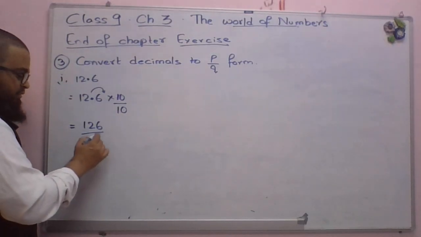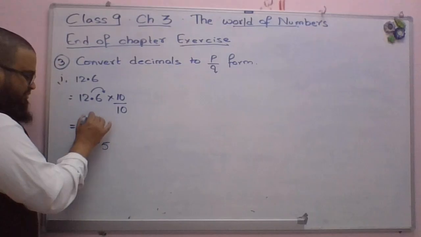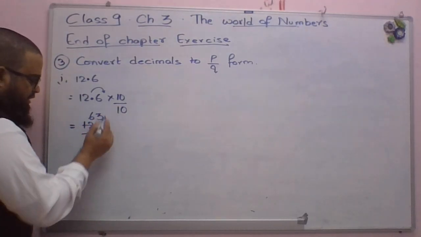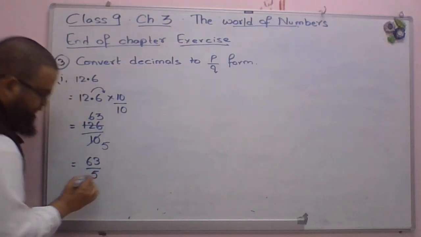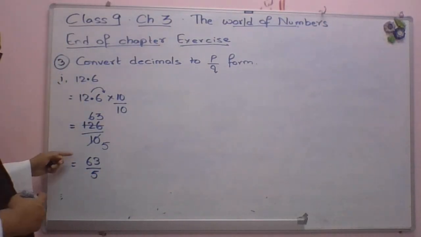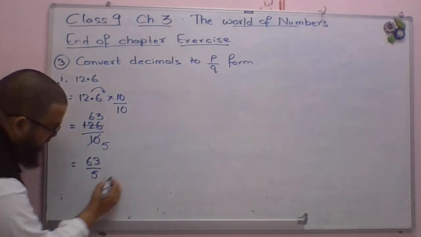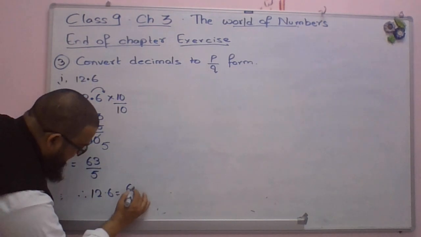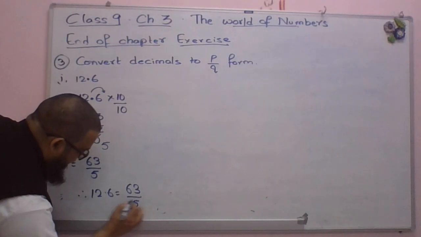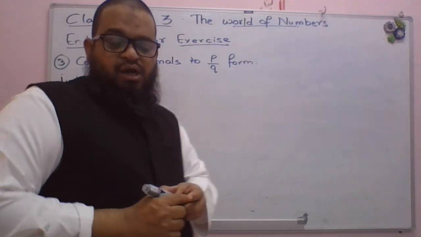Okay, let us see. 2 is a common factor, 2 5s, and 2 how many times? I think 63 times. So that is equal to 63 by 5. Okay, so there is no common factor in numerator and denominator. This is the simplest form. So therefore 12.6 can be written as 63 divided by 5. So if you have terminating decimals, this is the way to do it.